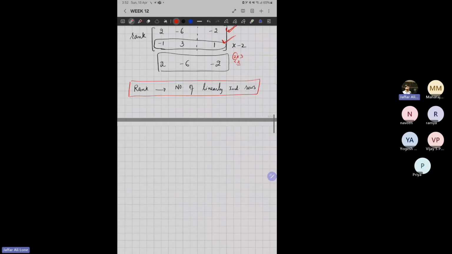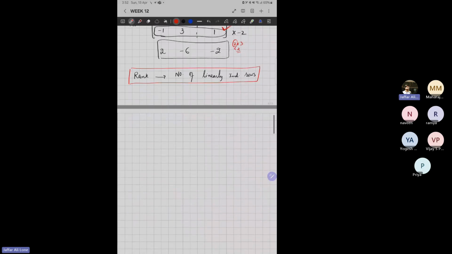So this is one way. One way to do it is you'll find this matrix lambda I minus A and B and find its rank. But find the rank only on eigenvalues. Find the eigenvalues and put lambda as the eigenvalues.